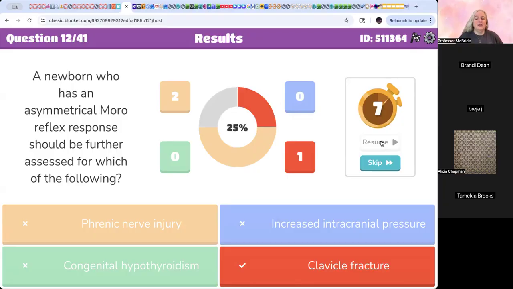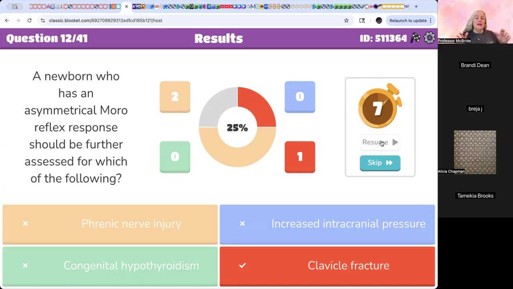So how do we elicit the Moro reflex? What is the Moro reflex? Is it the one where you startle him? It's like a startle. Okay. So it's also known as the startle reflex.